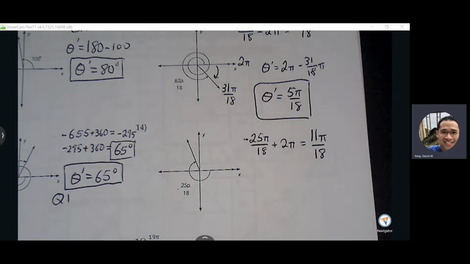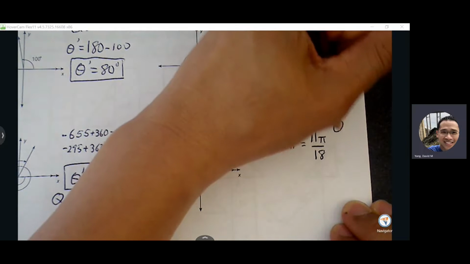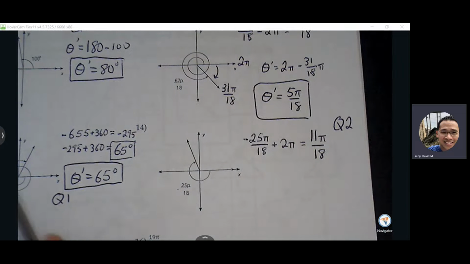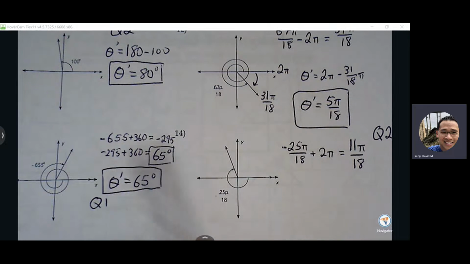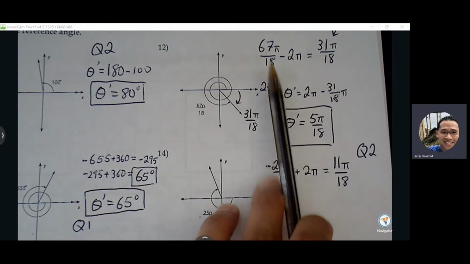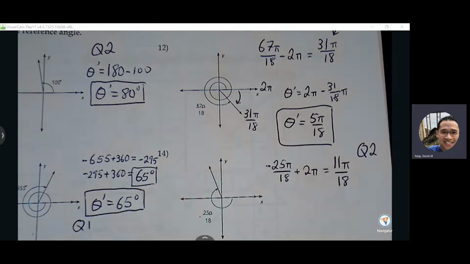And 11/18 is greater than 0.5, but less than 1. So we should be able to tell that this is quadrant 2. Okay, so I want us to be able to make all these determinations without the graph. The graph is not going to be given to you. We're going to rely completely on your calculator and the radian or degree measure given.